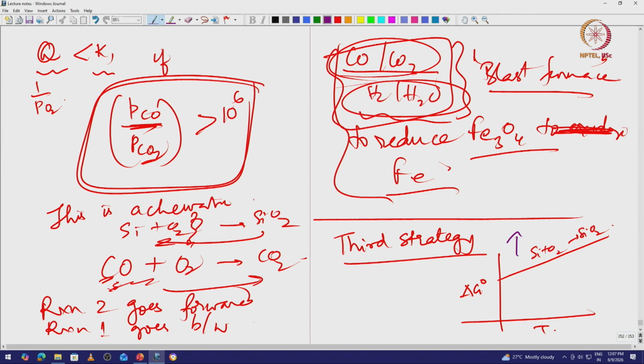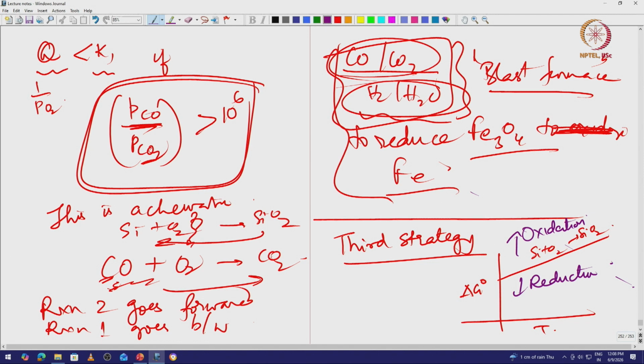If my Q is such that the conditions are above this, or the partial pressure of oxygen is larger than the value set by what I read off from this axis, then I have oxidation, and below this I can reduce, and going below this was an issue.